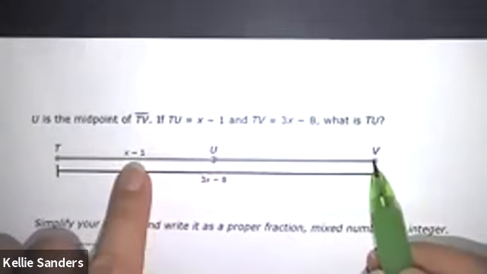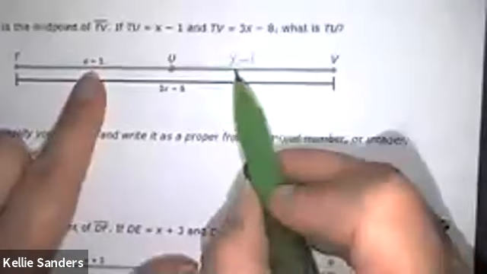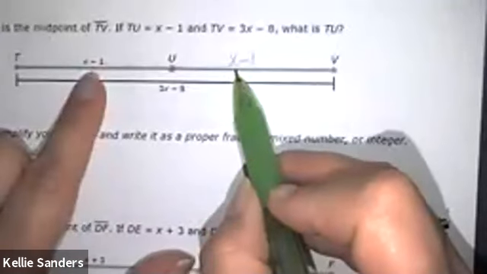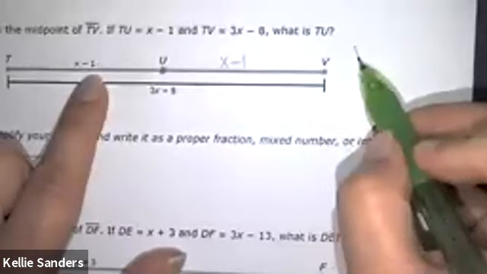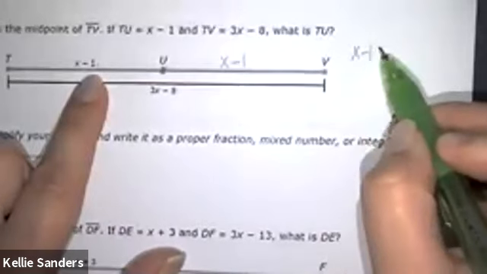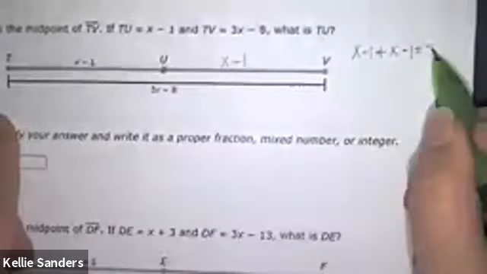So if I know what TU is, which is x minus 1, I also know that this is x minus 1. So set it up as an equation: x minus 1 plus x minus 1 is going to give us the whole thing.